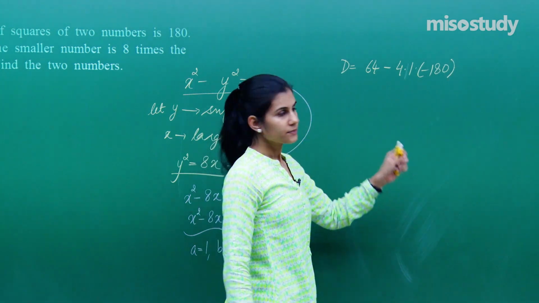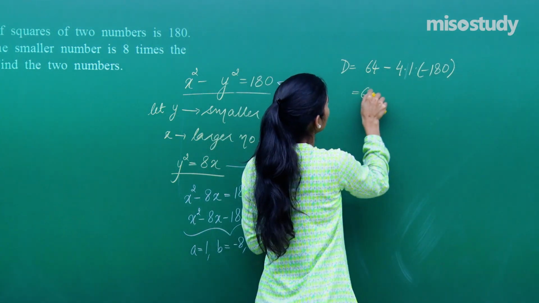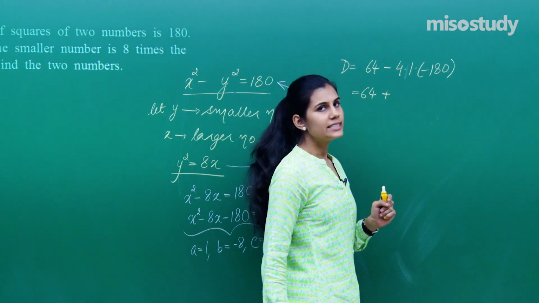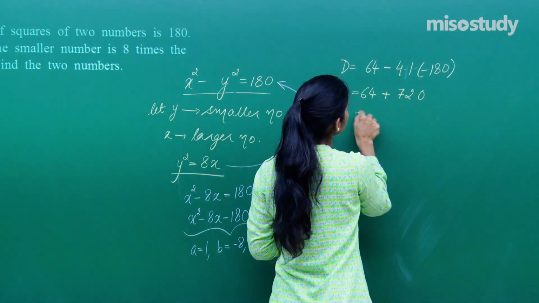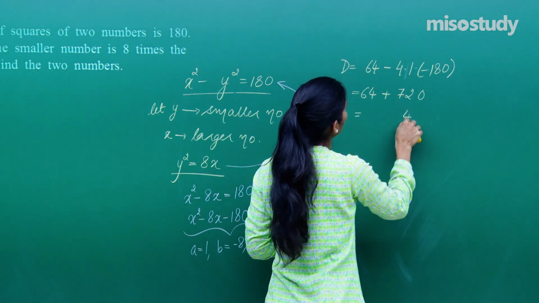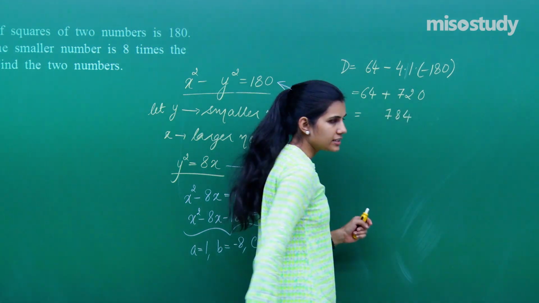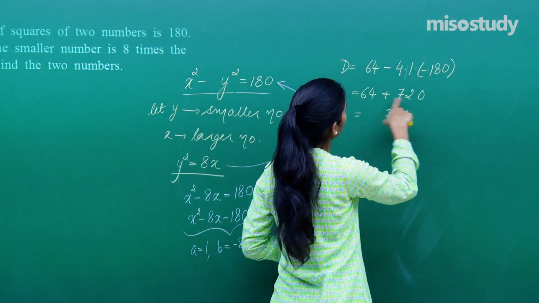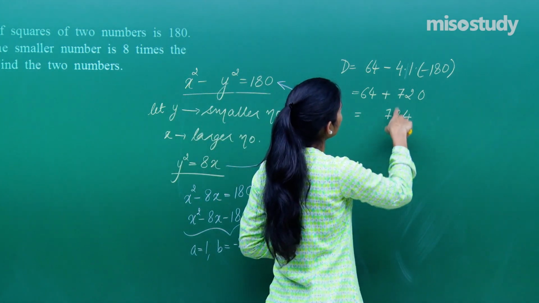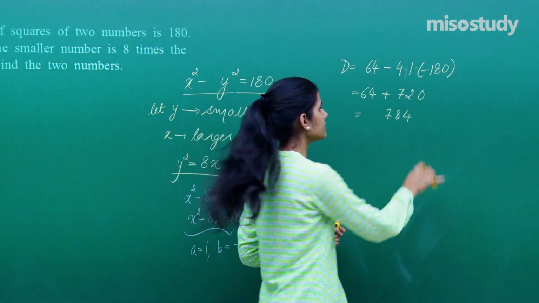So obviously this is 64 plus 180 into 4. That gives you this, and then you have 4 and 784. This is 6, 4 plus 0 gives you 4, 6 plus 2 is 8 and there is 7. So obviously this is positive.